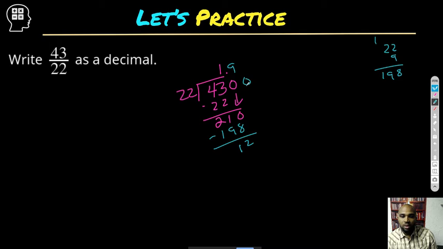And making the 0 here, bringing the 0 down, we got 120. I wonder how many times we're going to go into 120. So 22 times, let's see, probably, let's do 8 and see how close that gets us. 176. Oh, that's way too big.